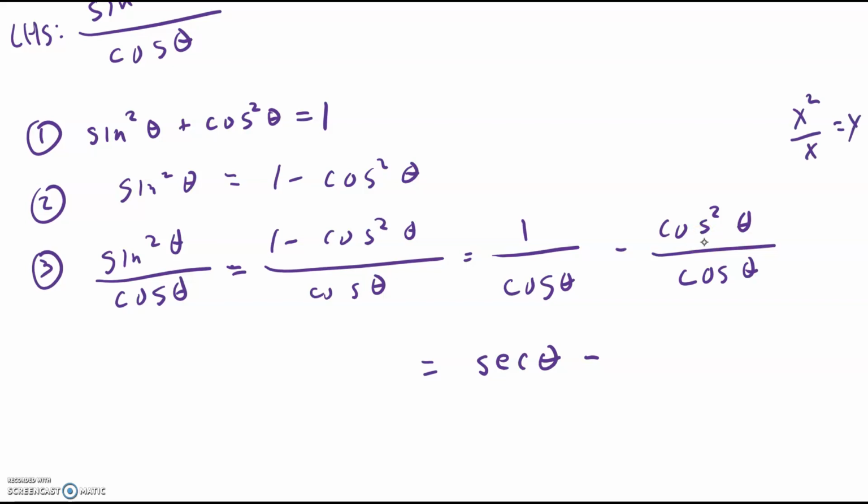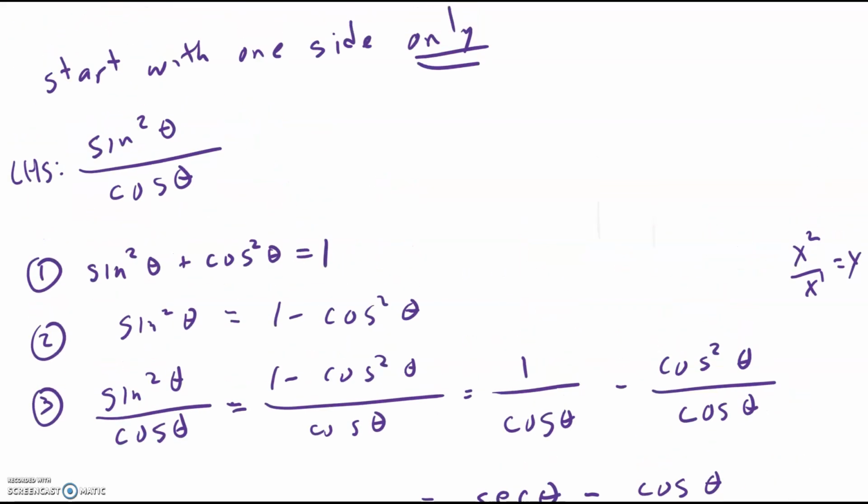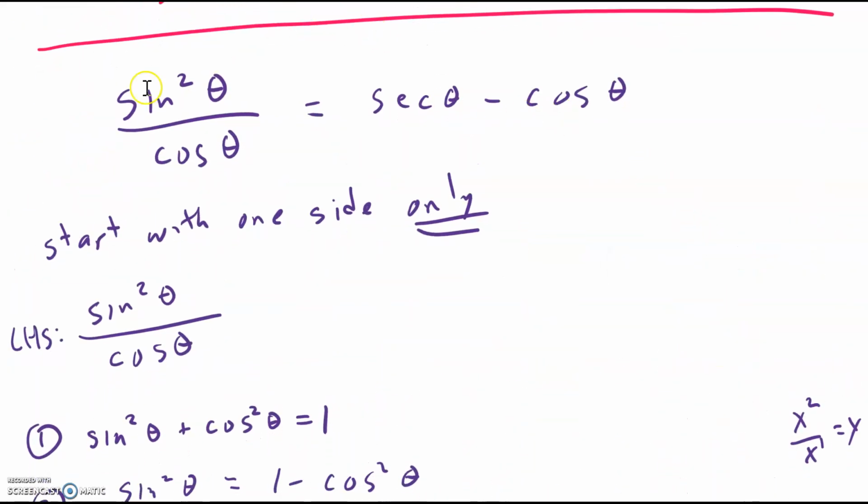Because you subtract your exponents, and so this equals cosine theta, and that is my conclusion. And in some textbooks, they say, and that equals the right-hand side right there. And that's what I was trying to prove, that this left-hand statement is equal to that right-hand statement.